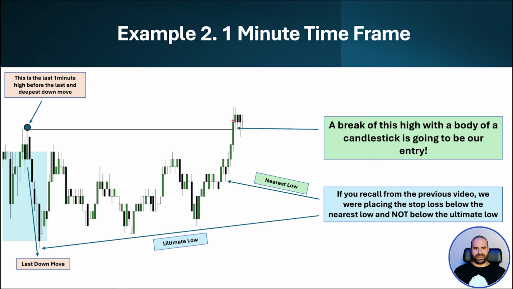What do we mean by that? Here, where we would like to buy, the stop loss wouldn't go to the ultimate low, which is this one, but the stop loss would go below the nearest low, as I showed in the previous video with the 5-minute FVG and the 1-minute entry, exactly the same stop loss.